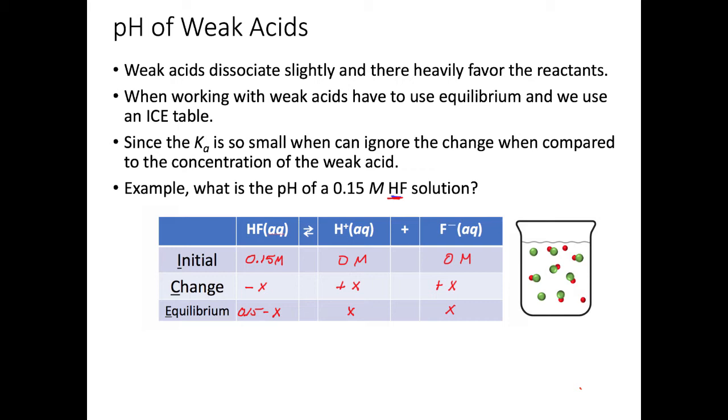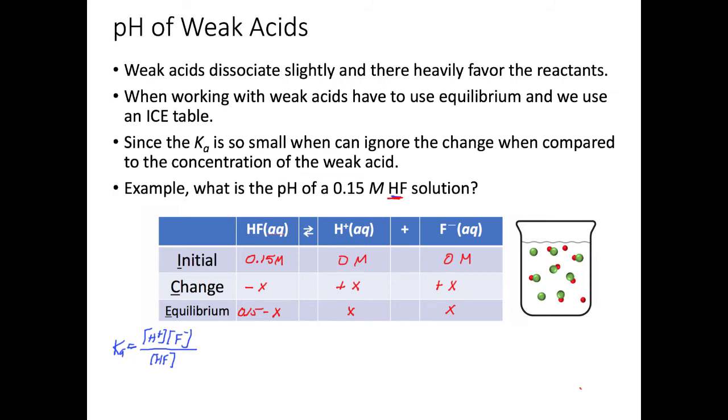To do that, we're going to focus on the fact that we know something about our Ka. So our Ka expression is equal to the concentration of the hydrogen ion times the fluoride ion over the weak acid. Okay, so that's our expression for the Ka. Now, we can find the value of Ka.